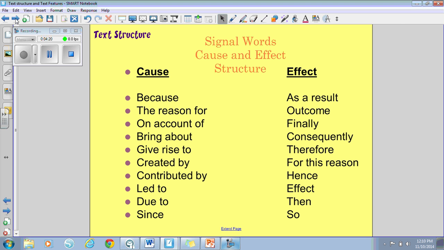On this slide are the signal words that help you as a reader identify which texts are in the cause and effect structure. Sometimes many different causes can be responsible for one effect. In addition, many different effects can also produce one cause.